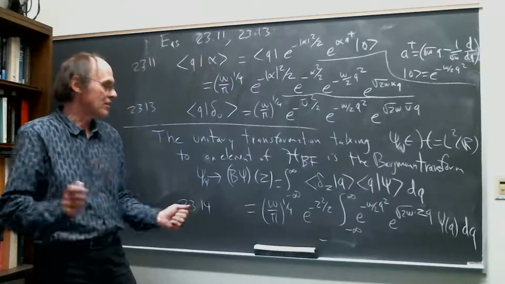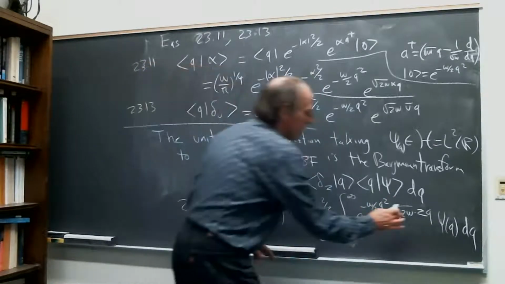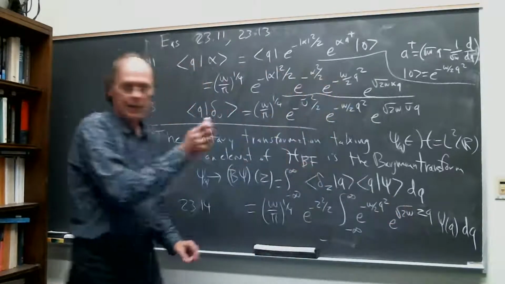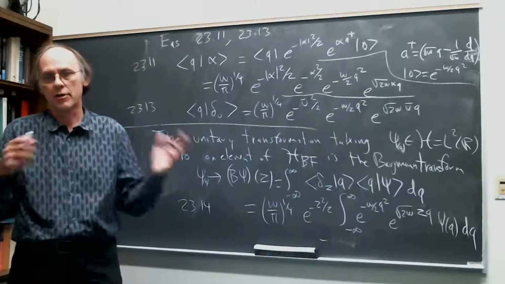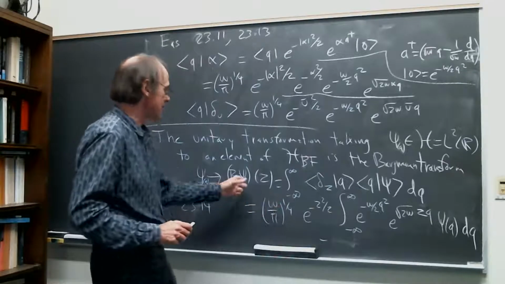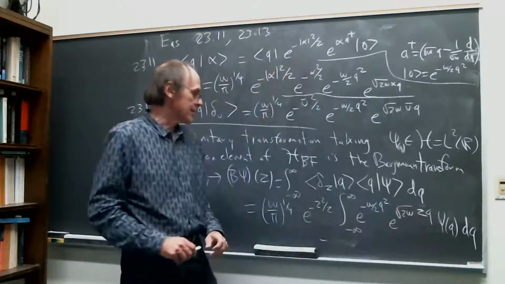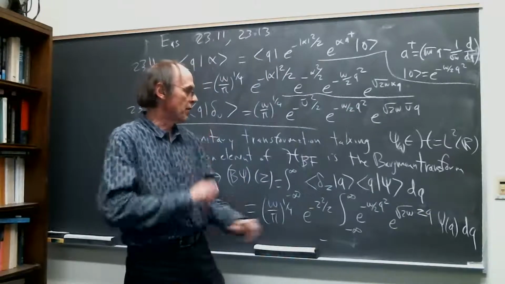And the claim is that, if you do a little bit of work, you can also write down the inverse of this transformation. You can show that it's unitary. Anyway, you have to show that this actually gives you a holomorphic function of z, and that it preserves the norm.